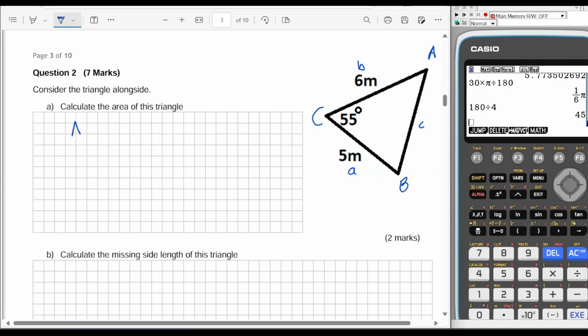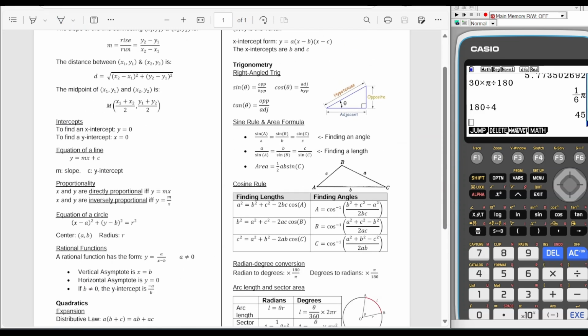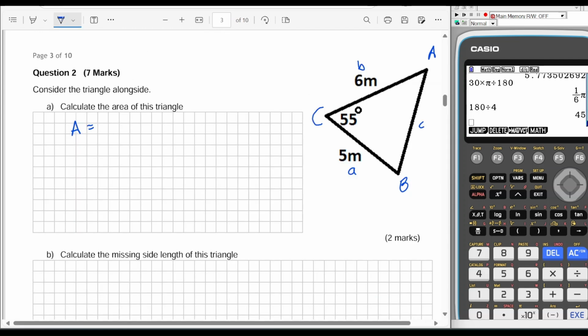So we got an area formula, and it is sitting just down here with the sine rule. So half ab sine C, just like that. There we go, half ab sine of C. And that's going to be half, and it's 5, 6, sine of 55.